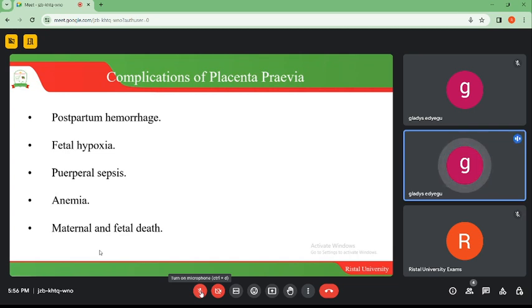Then also we can have puerperal sepsis. These mothers can end up with puerperal sepsis. Puerperal sepsis occurs during the period of puerperium. During this period, these mothers need to have a good diet. That's why we say they should feed on a lot of proteins which help in repairing of the tissues, because these mothers have lost a lot of blood.